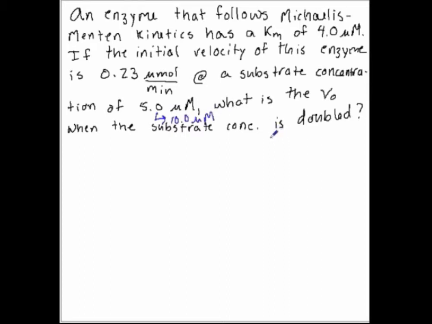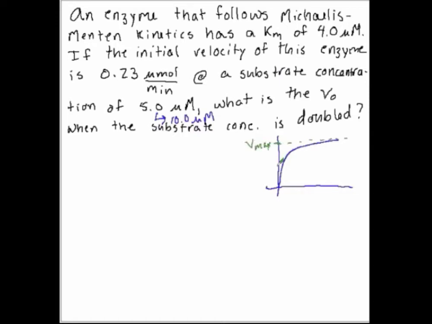Now let's remind ourselves that the equation here will be describing the curve for this enzyme. So we will see the traditional rectangular hyperbolic curve approaching the Vmax value as described on the axis there. So Vmax would be here.